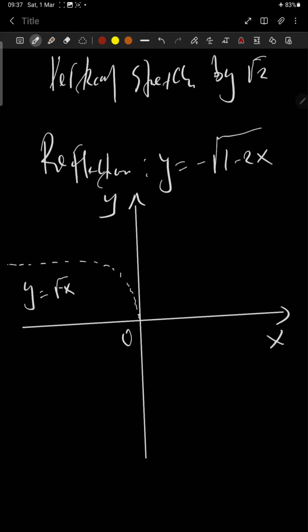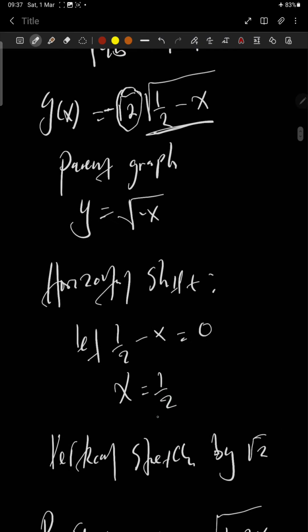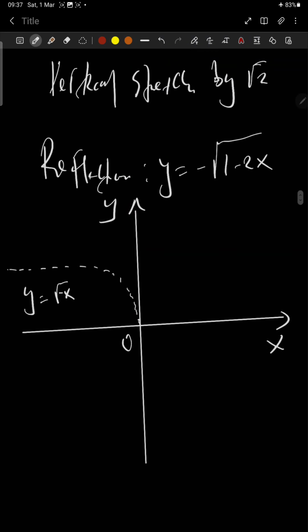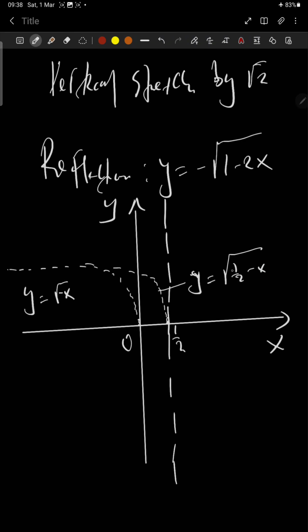Then it will shift to where? It will shift to 1 half. All the positives are found this side, so I'll approximate that my half is here. So this no longer starts from 0, but it will start from here. It will go like that, and it won't become taller than the other one. It will be of the same height. So this here is y equal to square root of 1 over 2 minus x.